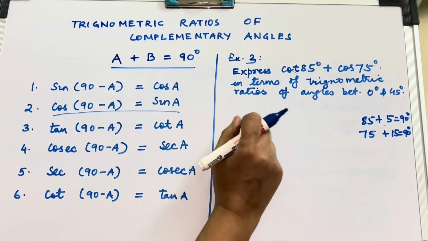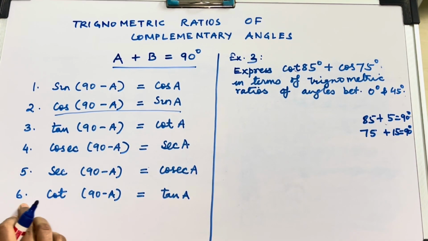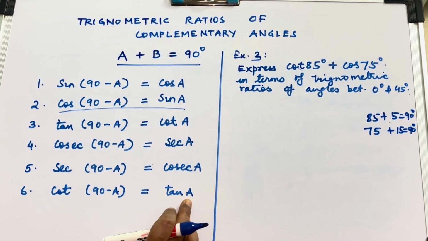So how can you express 85? 85 can be clearly expressed as 90 minus 5. We will use the sixth complementary ratio, cot 90 minus A is equal to tan A.